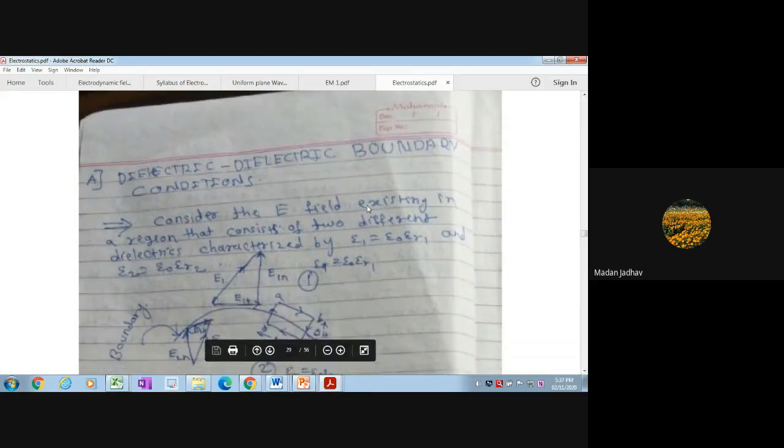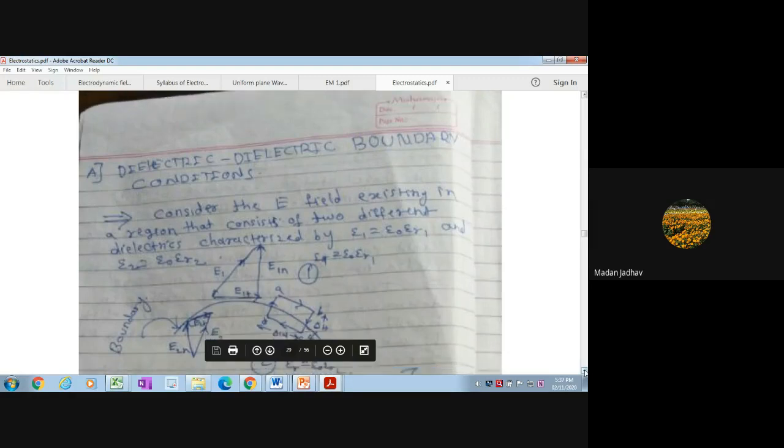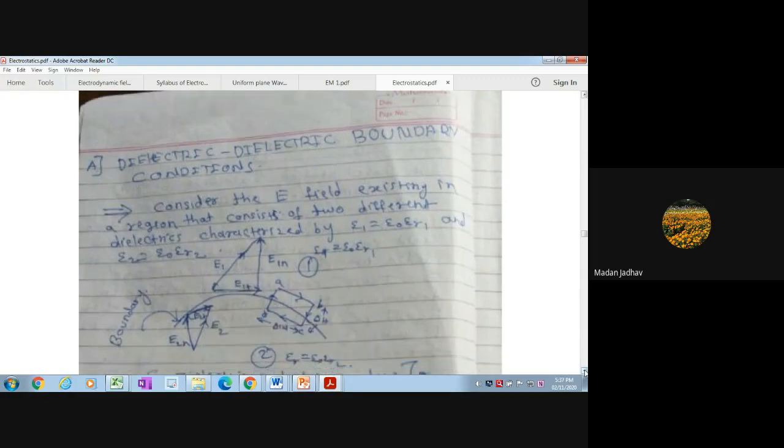This is one of the dielectric boundary conditions. Dielectric boundary conditions means we have considered two media, medium 1 a dielectric medium and medium 2 also a dielectric medium, and these two media meet at a specific plane.